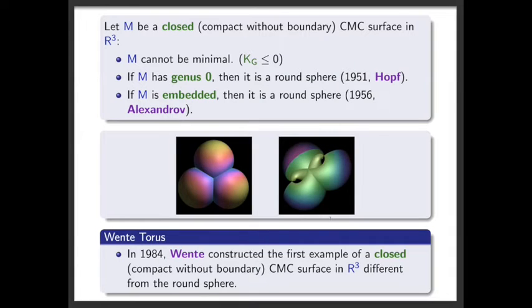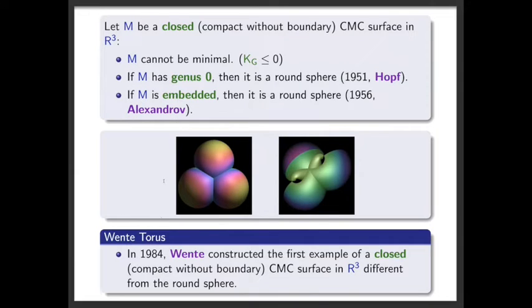Are there examples of closed compact CMC surfaces in R3 which are not the round sphere? It took quite some time to answer this question, and in 1984 Wente constructed the first example of a closed CMC surface in R3 which is different from the round sphere.